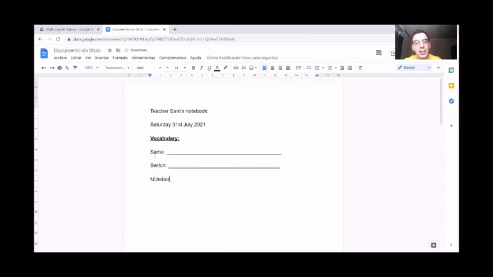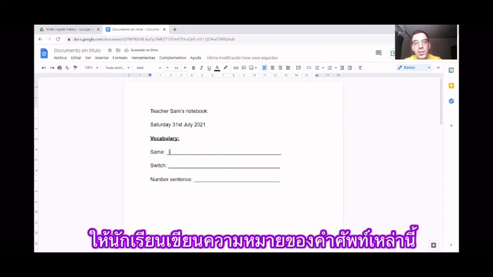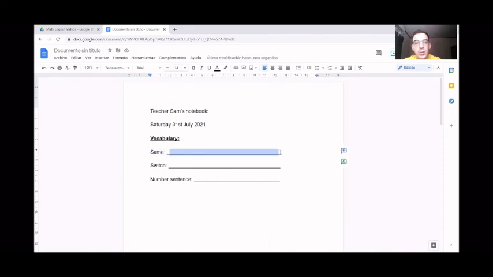And finally, the third word is number sentence, N-U-M-B-E-R S-E-N-T-E-N-C-E, number sentence. So I want you to write the meaning of these words in Thai if you have understood. And if you don't, you can look for it in your dictionary, or ask your teacher or me if you want.